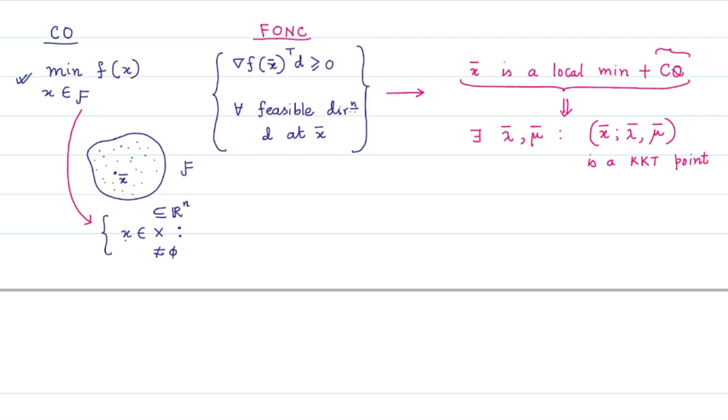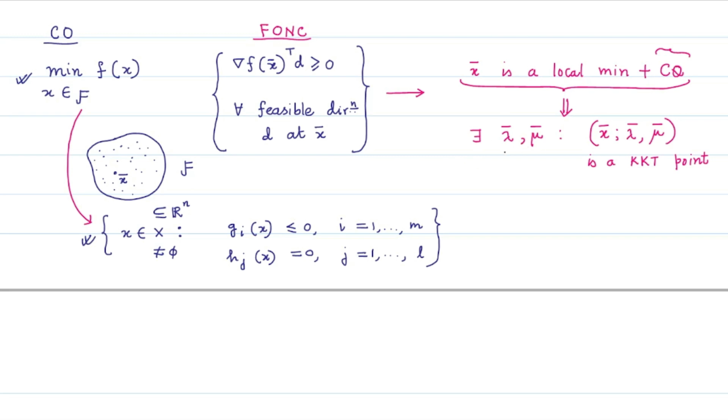This capital F is the set of all x such that some inequalities g_i(x) less than or equal to 0 are true for, let's suppose, m many inequalities, and some equalities h_j(x) equal to 0 for j equal to 1 to say L.